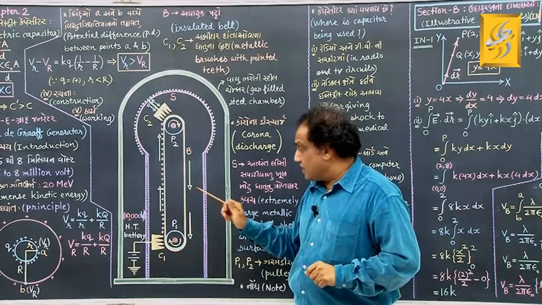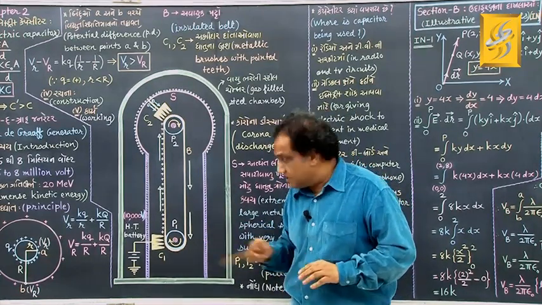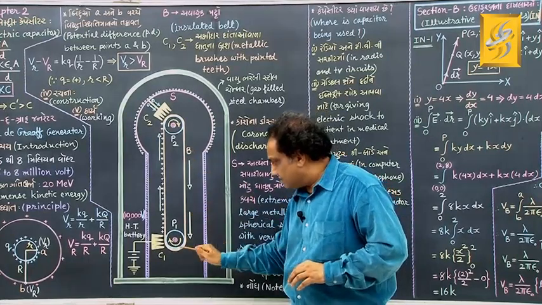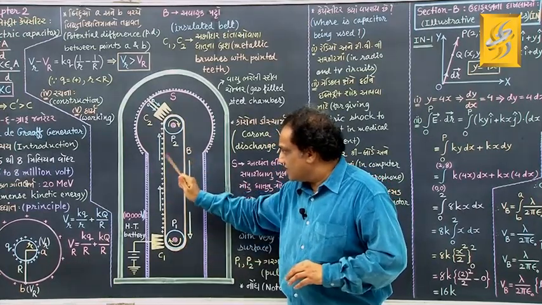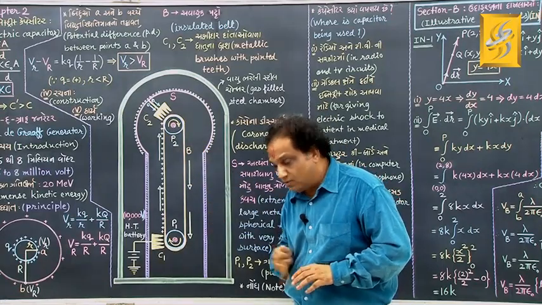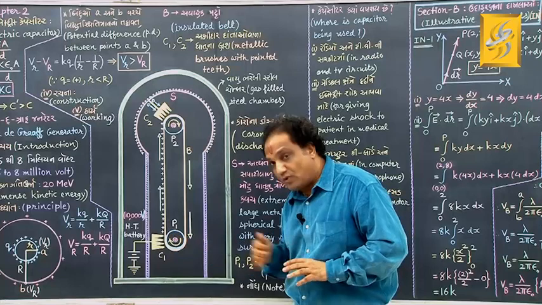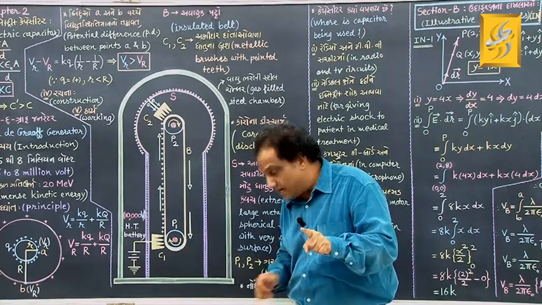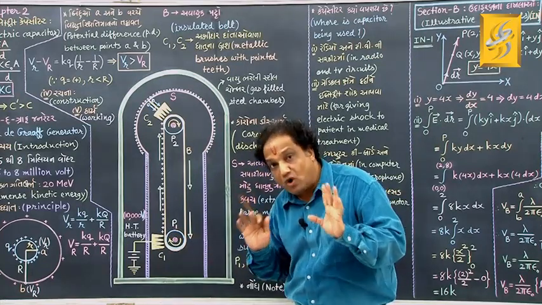We just want to keep this rubber belt moving this way, going up from this part, coming down from this part. But for that we need to have some rotational motion in these two pulleys, and for that we just connect this pulley with an electric motor.